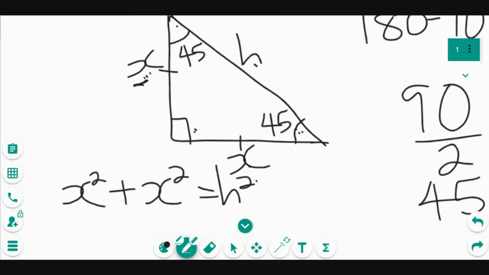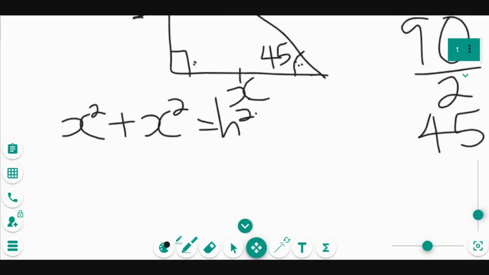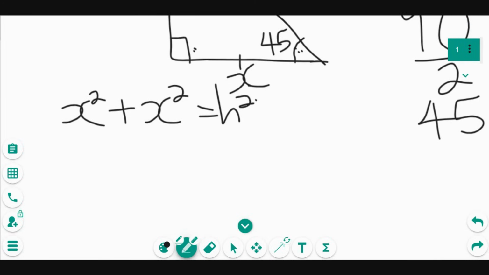Obviously, you get 2x squared. Obviously, there's a silent one behind that you should mind. So this is 2x squared being equal to the hypotenuse squared.